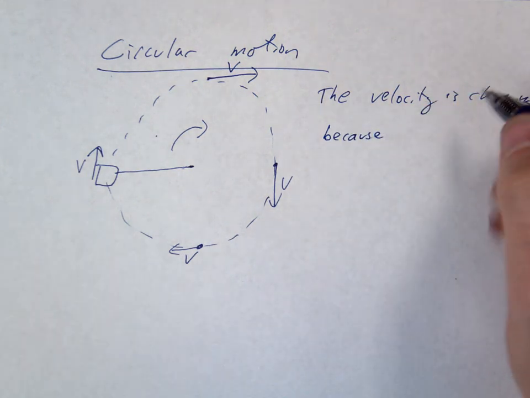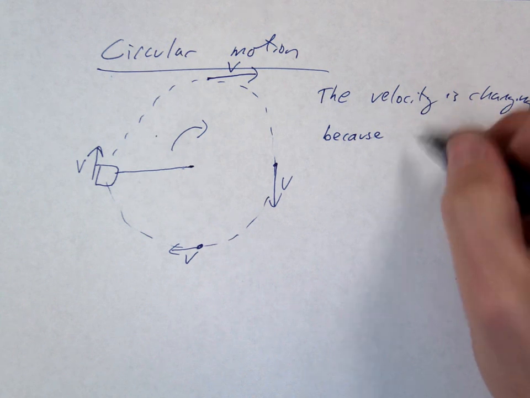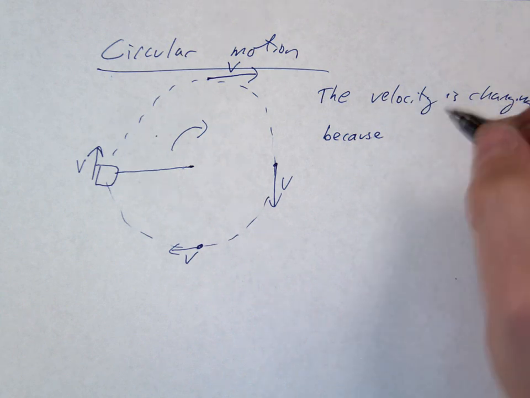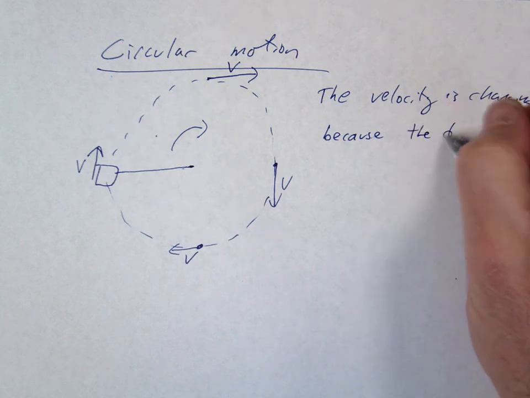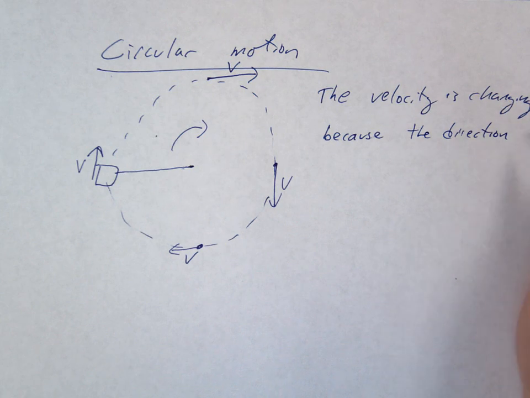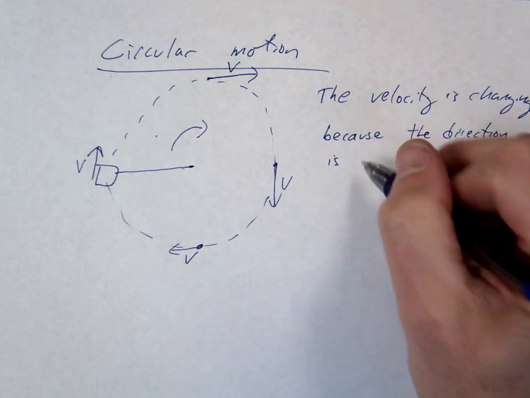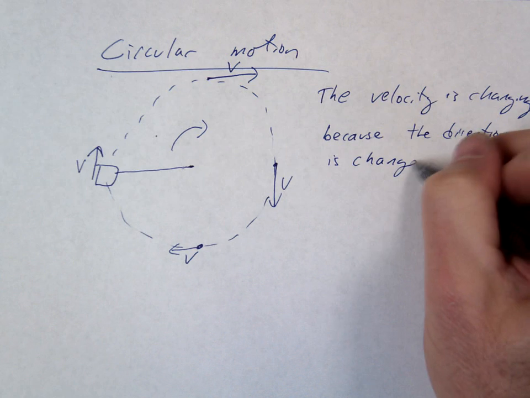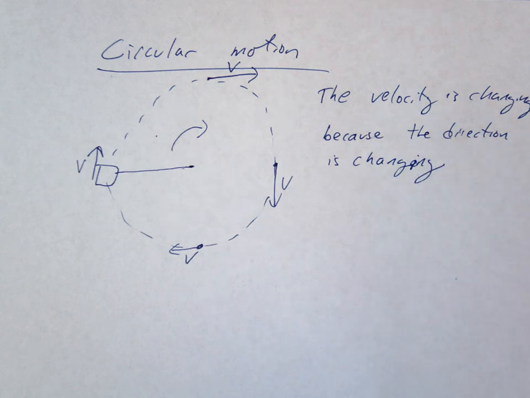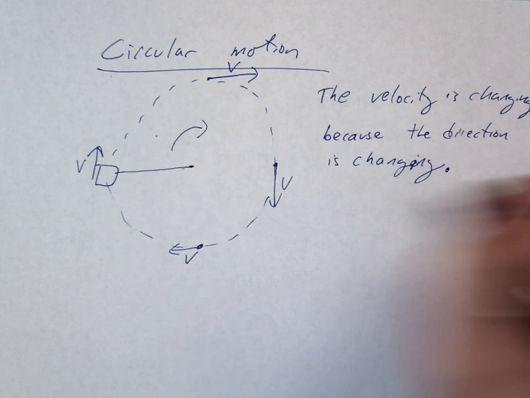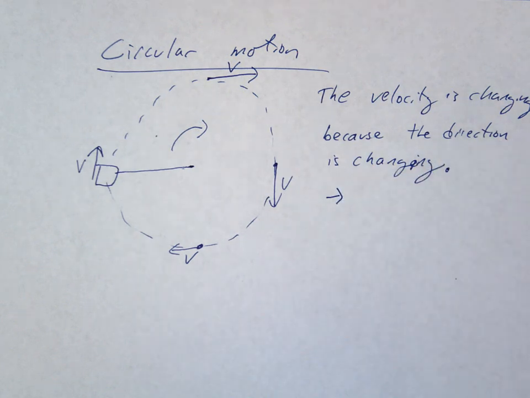Velocity is a vector, so the direction is changing too. Exactly. So the velocity is changing because the direction is changing. Even if the speed is the same, the direction is changing. Therefore, the velocity is changing, and therefore, as Nicole mentioned, there's going to be an acceleration. That's what acceleration means: changing velocity.